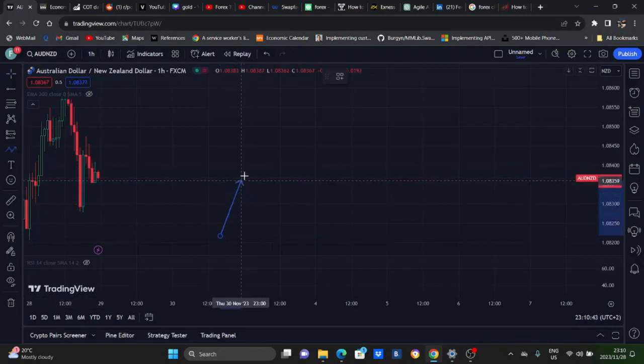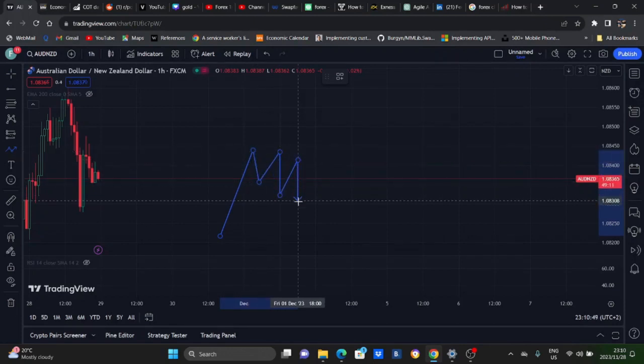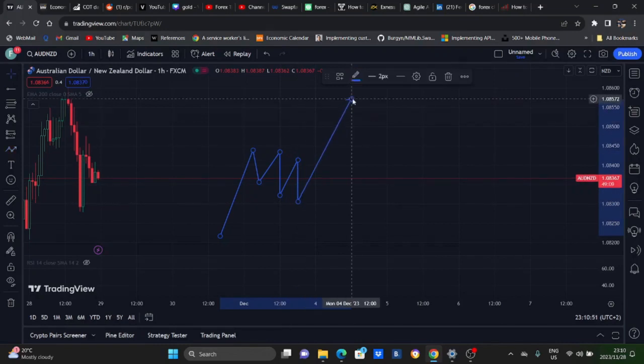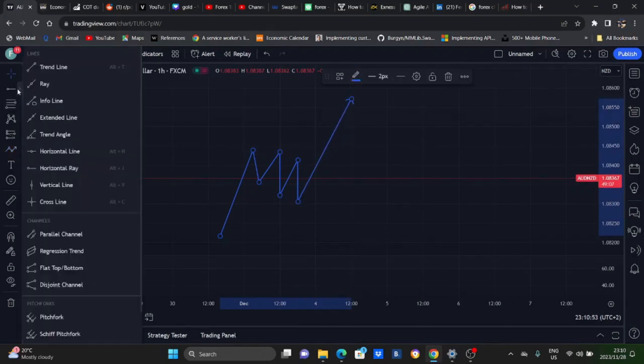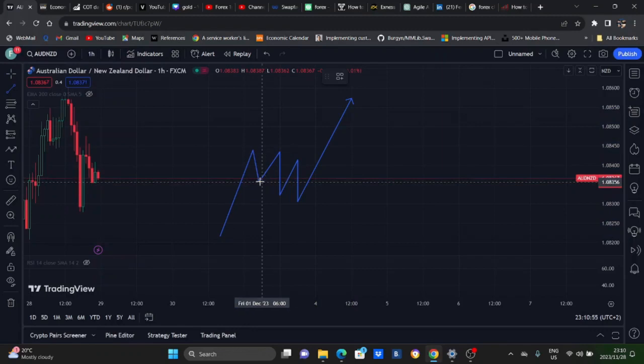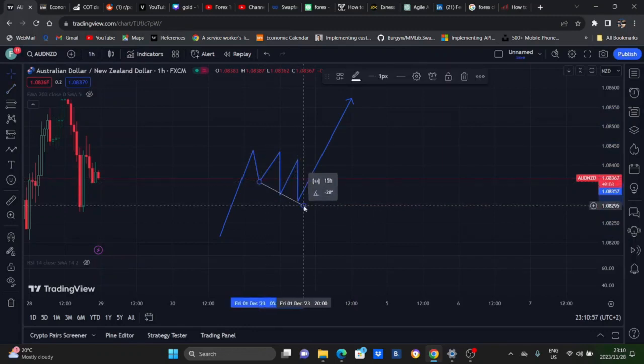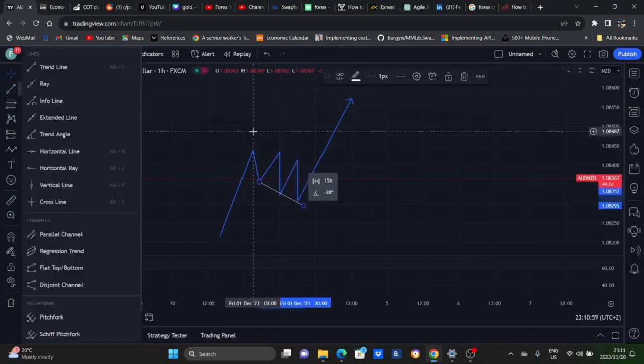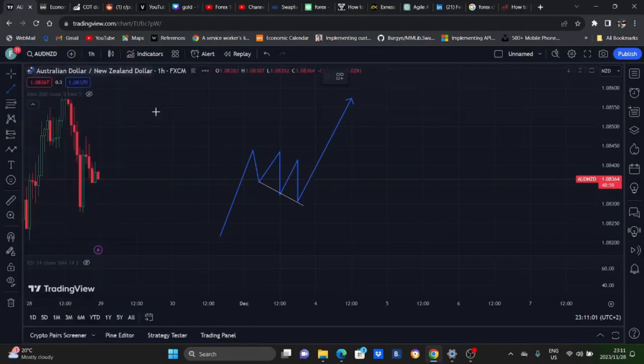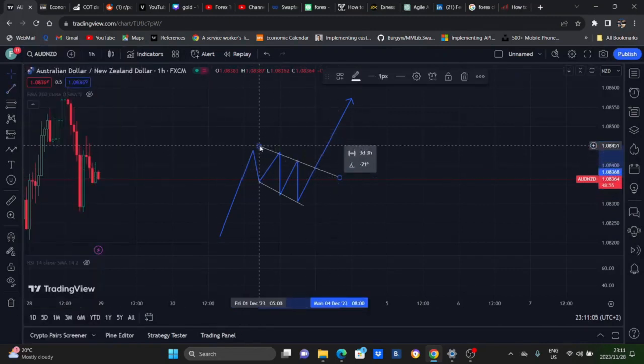The price goes up and does this, and then continues to the upside. So it creates this little pattern.